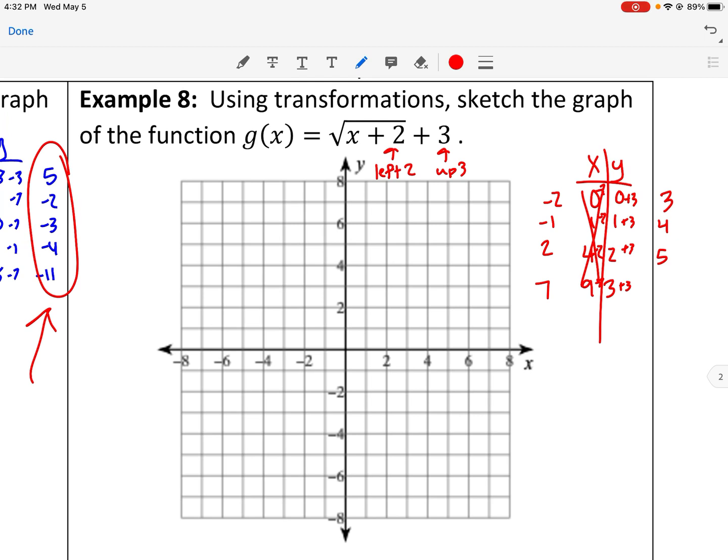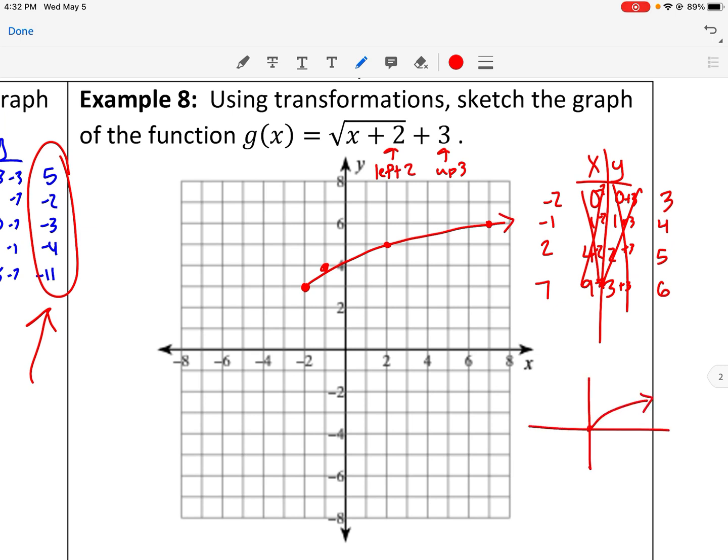So 3, 4, 5, 6. Okay, so I have some new points to graph. So negative 2 comma 3, negative 1 comma 4, 2 comma 5, 7 comma 6. So that actually does fit. 7 comma 6. And there we go.